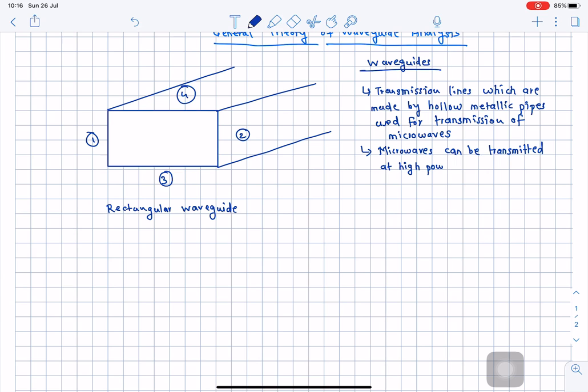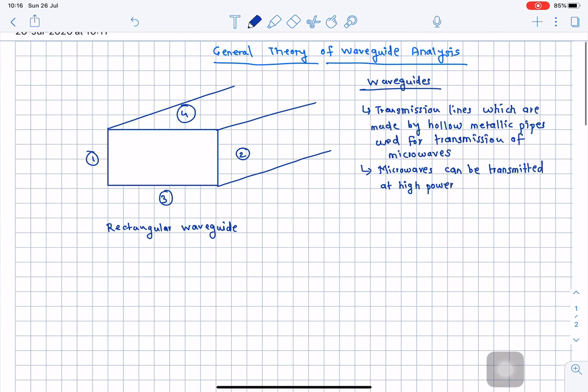For carrying the microwave signal at a high power, we normally make use of waveguides because waveguides are rigid in structure as compared to transmission cables. Okay, so they can handle the losses and the heat dissipation, and that's why transmission of a microwave signal at a high power makes use of waveguides rather than a transmission line or a cable.